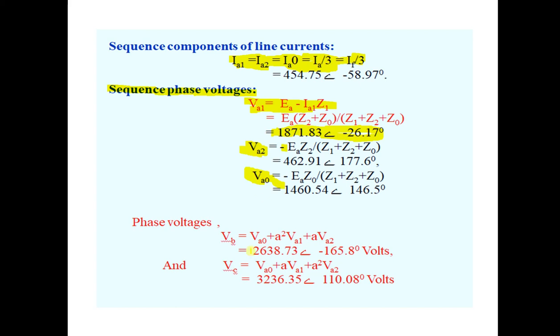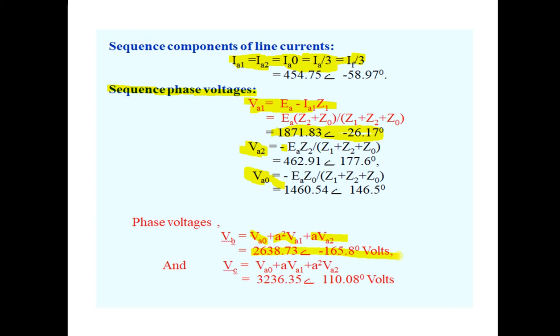And the last ones we need are VB and VC. So VB means zero sequence plus A square positive sequence plus A negative sequence, okay. So after adding all the values, we obtain 2638.73 angle minus 165.8 volts.